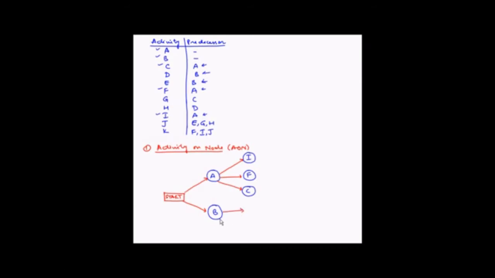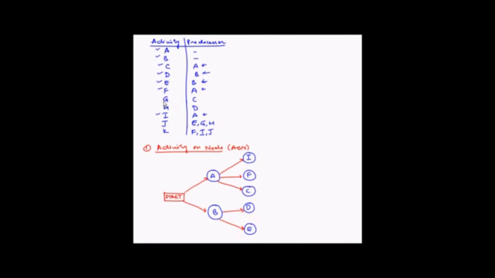This is 1 and this is 2. And now let's draw the activities D and E. So let's say this is D and this is E. So we have also completed D and E.